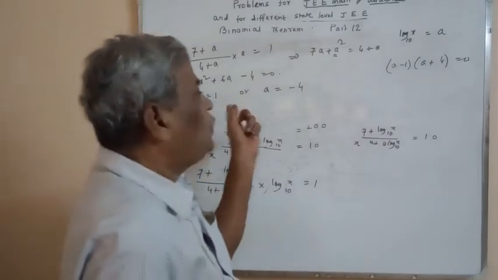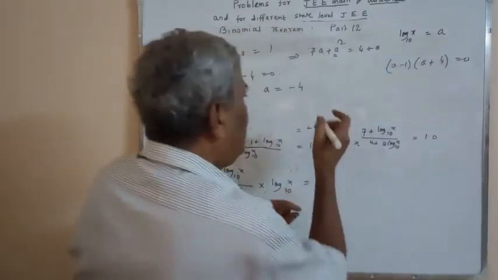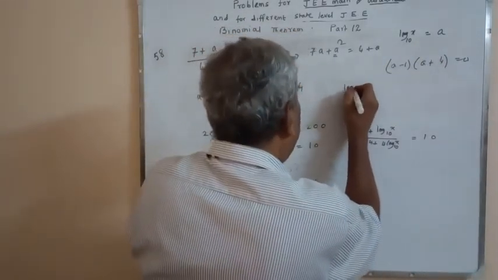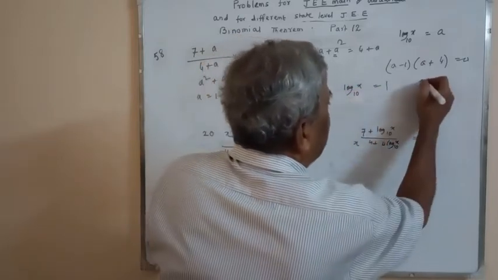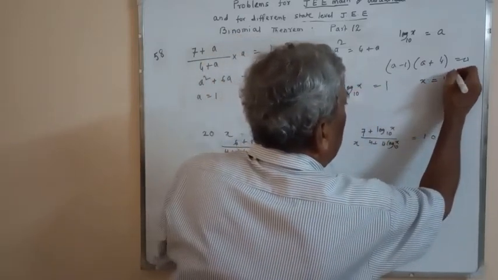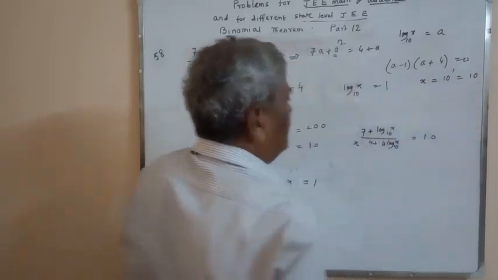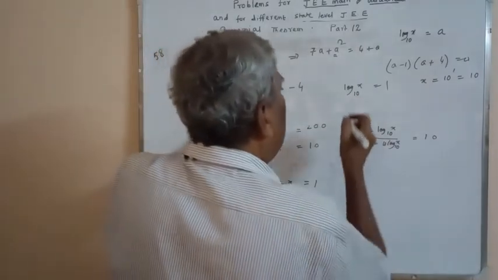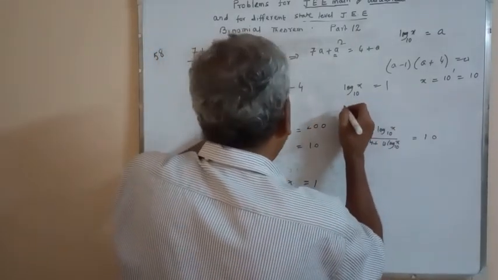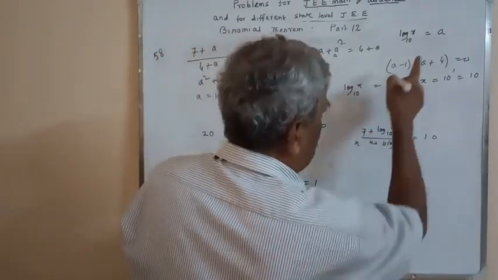If a is equal to 1, then we get log x base 10 is equal to 1. So that x is equal to 10 to the power 1, that is 10. Other value is a is equal to minus 4.